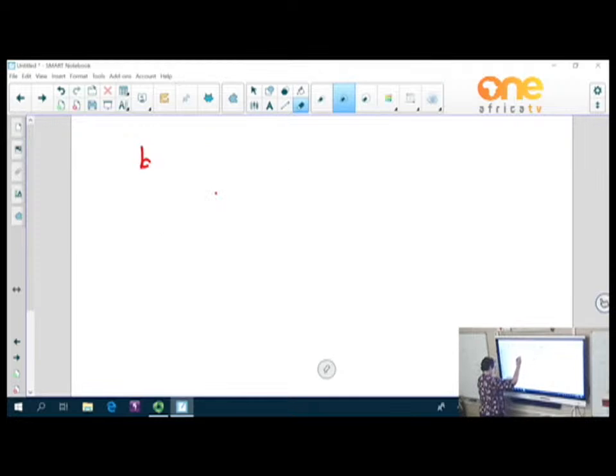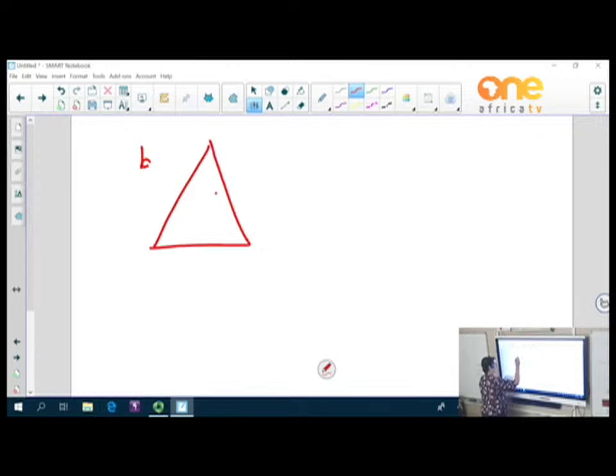Number B. So there's the triangle ABC. Let's label them again. This is B, this is A, this is C. Make sure that you understand that. So C is 7, B is 5, and C is 47 degrees.